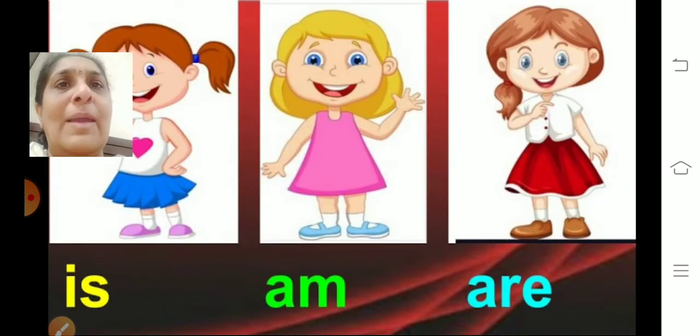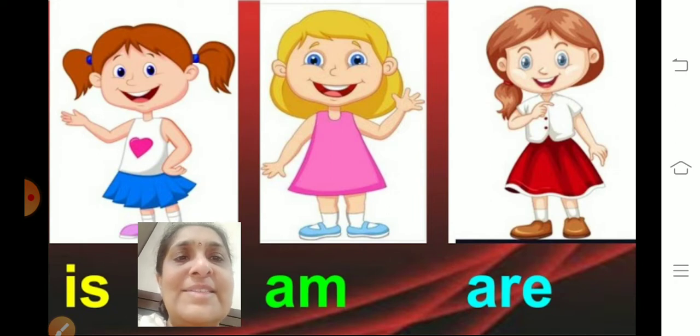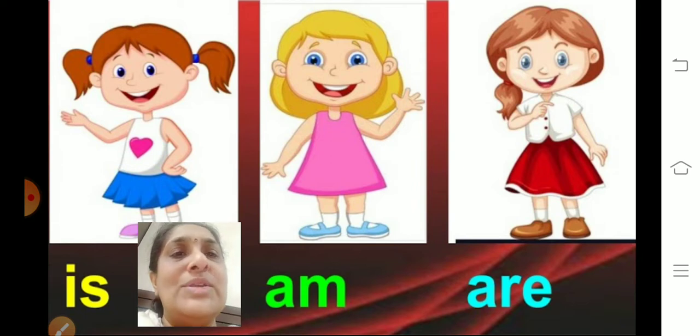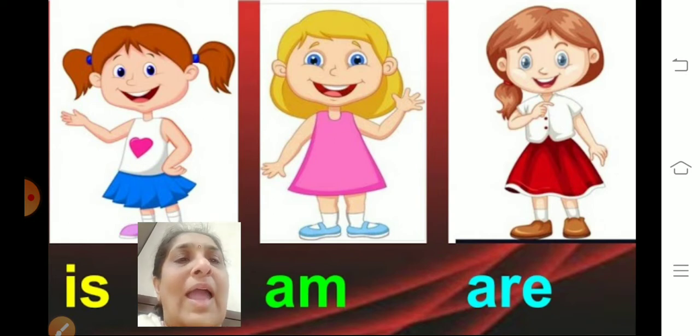Then we met the three sisters, isn't it? Is, am, are. And we saw when do we use these words. Is is always used with a singular noun and are is always used with a plural noun. Am is always used with I. Now with is, what do we use? He is, she is, it is, Mohan is, Seema is, the dog is.